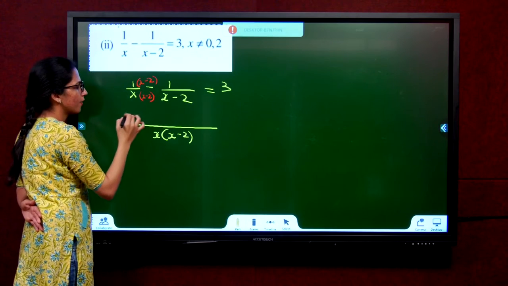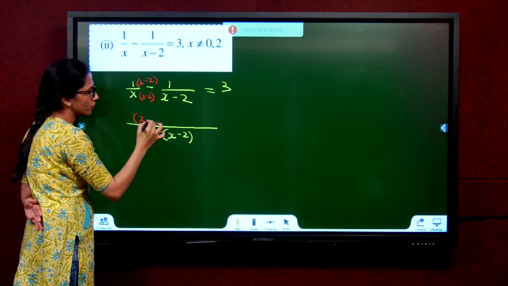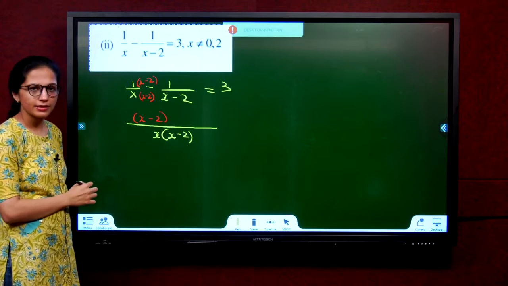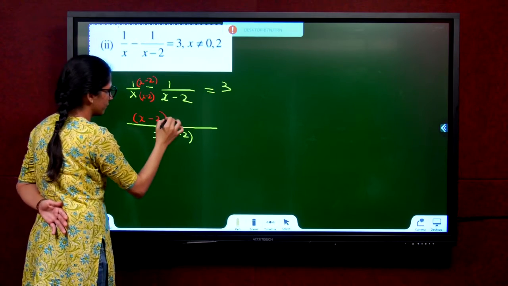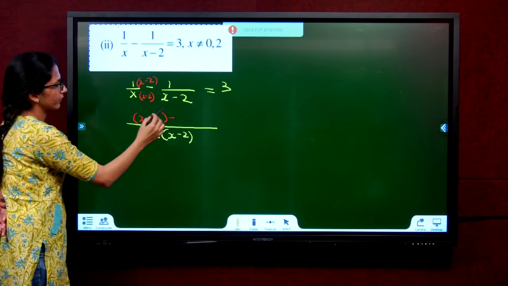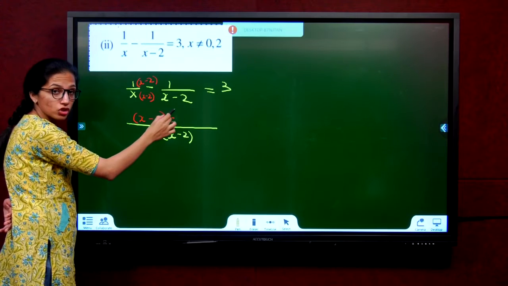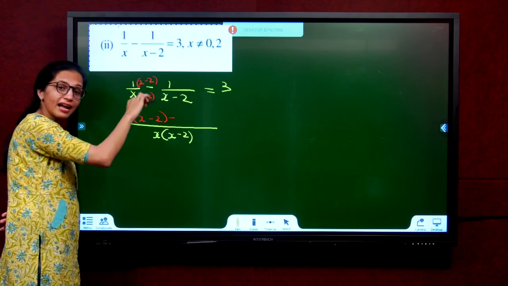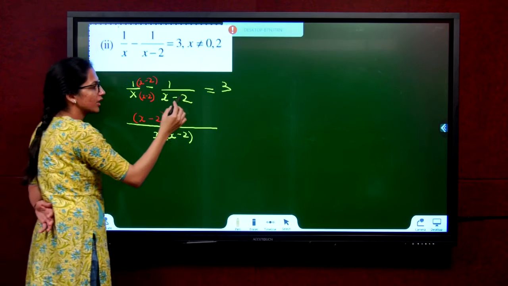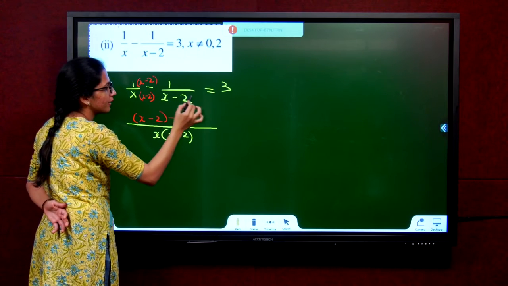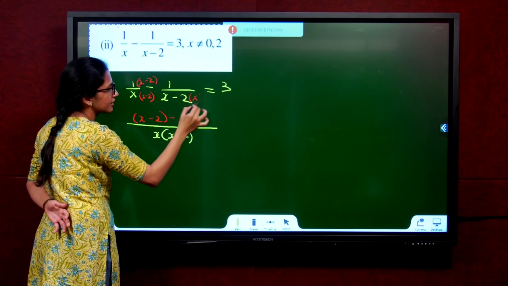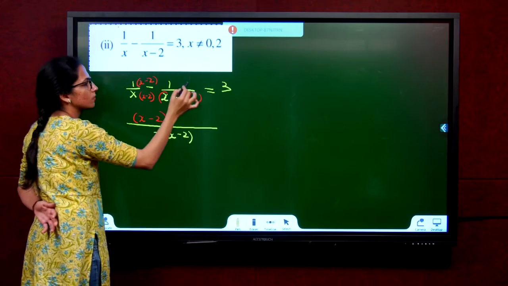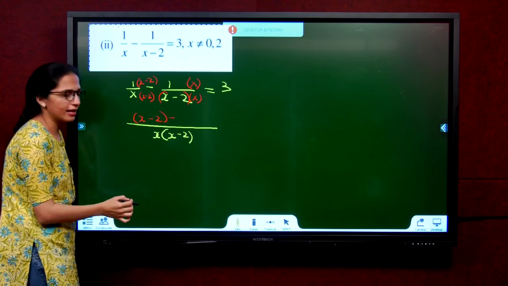So here you get 1 into x minus 2, which is nothing but x minus 2 itself. There's a negative sign in between, put that. Here I want x into x minus 2. I already have x minus 2. So who should I multiply it with? I should multiply it with x. Do you agree? So multiply up and down with x.